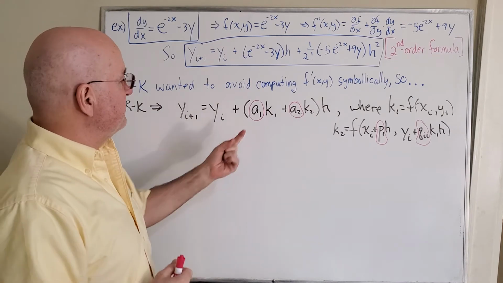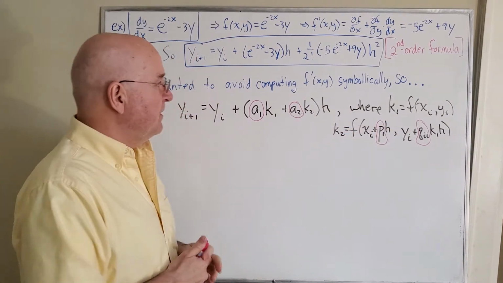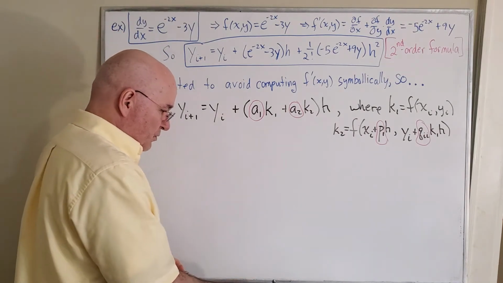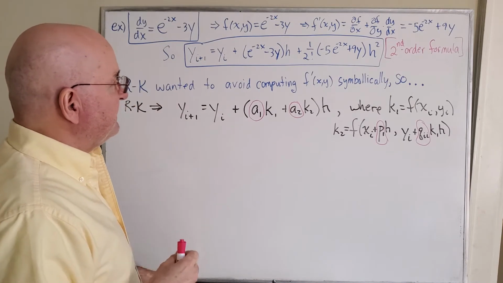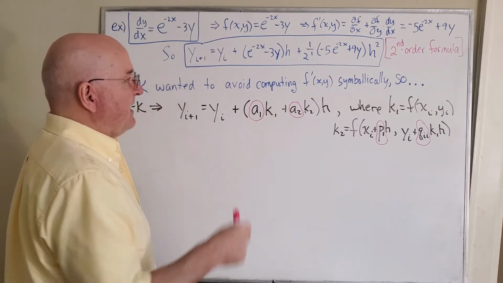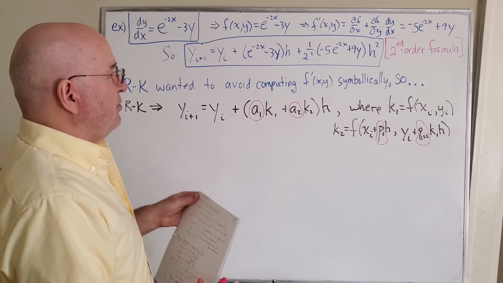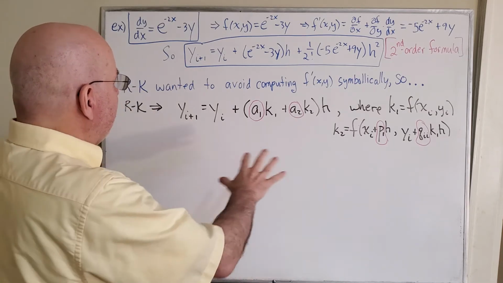Just think of them as being 1, 2, 3, 4 different numbers. And they found that they were able to get basically second order accuracy, but notice there is no second derivative ever computed.